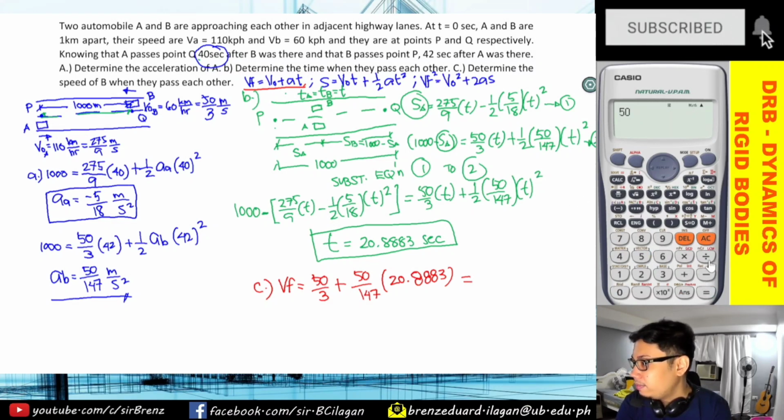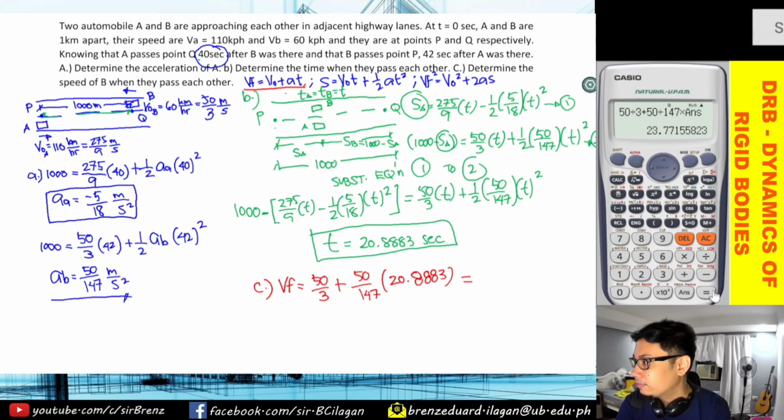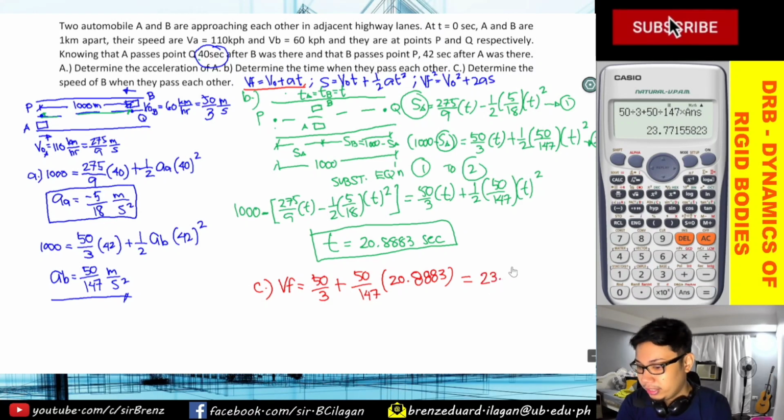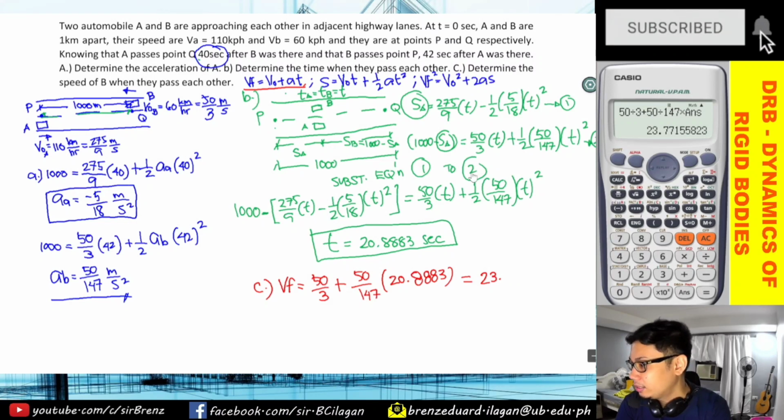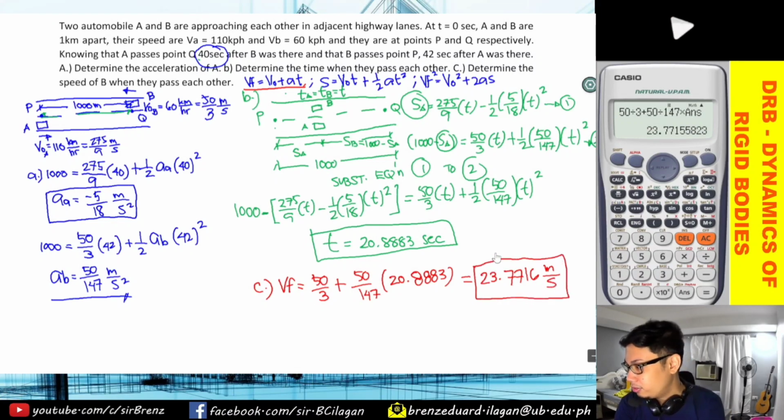So, 50 divided by 3 plus 50 divided by 147 then times the answer. So, its velocity is 23.7716. Alright. So, again, na-compute naman natin lahat. So, I'll give you time to copy. So, you may start copying.